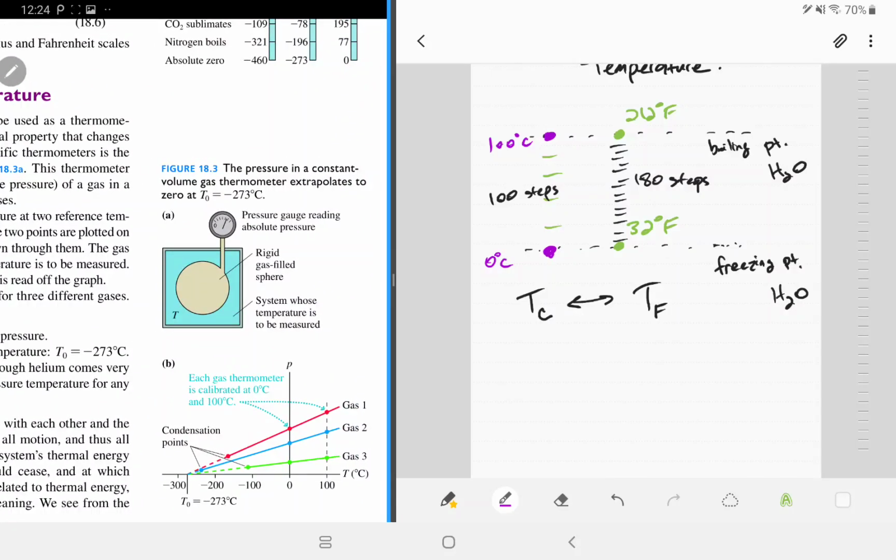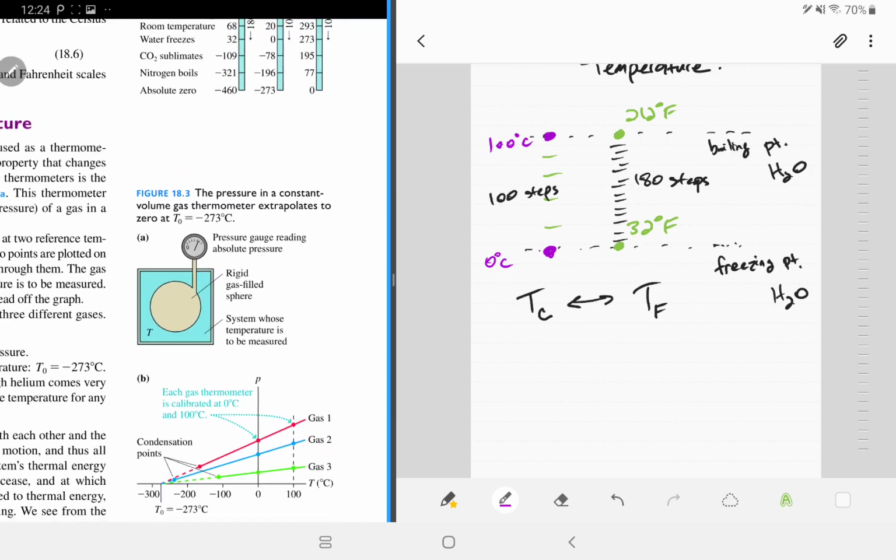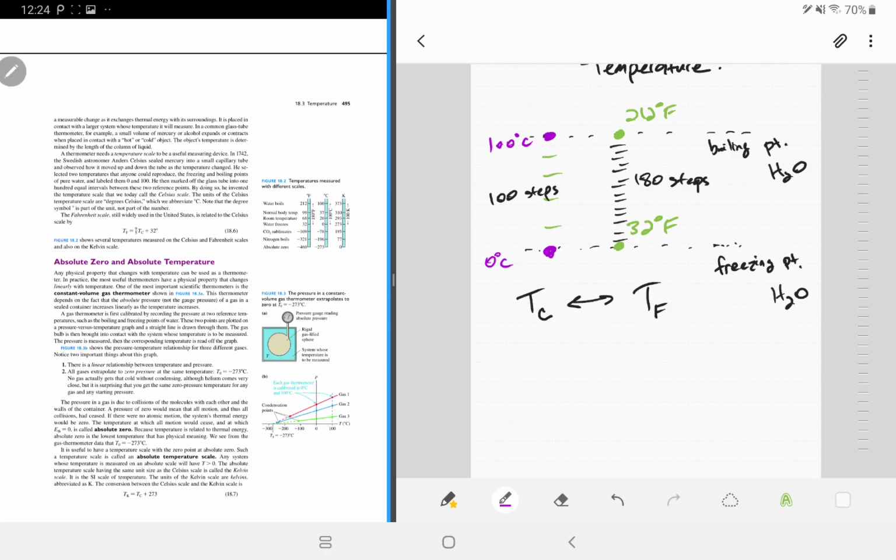They put a gas in some liquid, and the liquid is the system whose temperature we're to measure. And you can read out the pressure of the gas. The colder the system is, the lower the pressure is. It turns out it's a linear scale, but the lowest pressure you can get is 0. So there is a limit to how cold something can get. There is a lowest possible temperature.